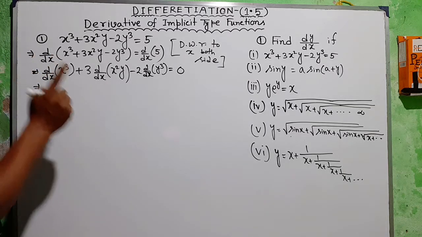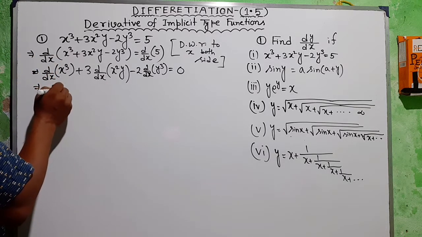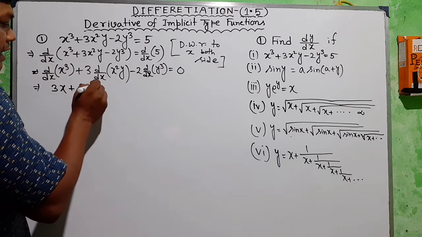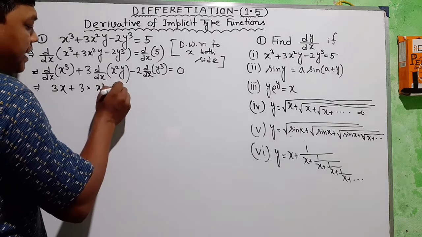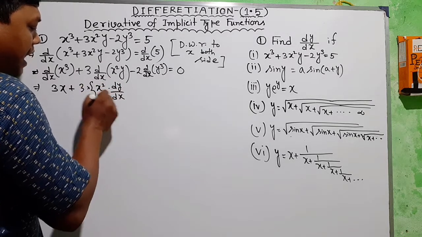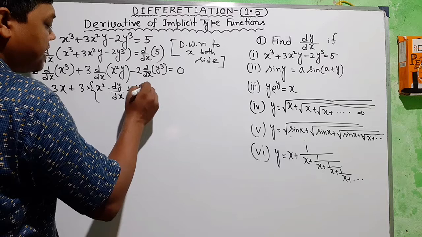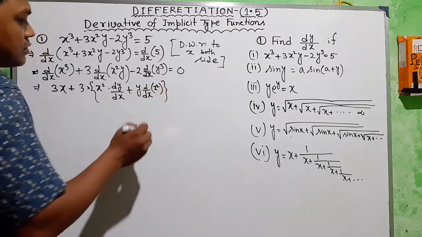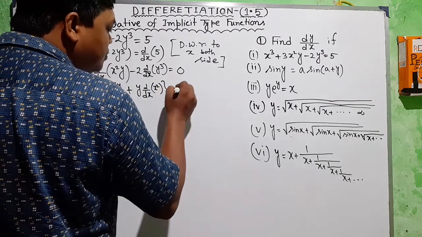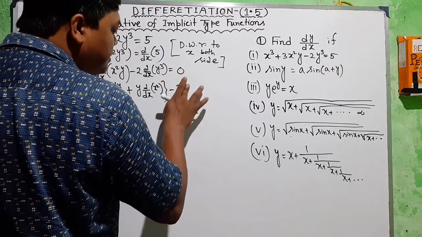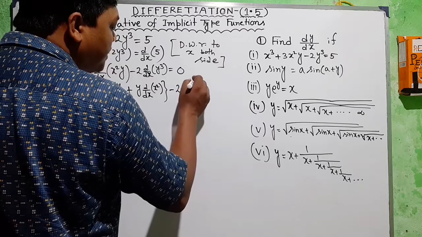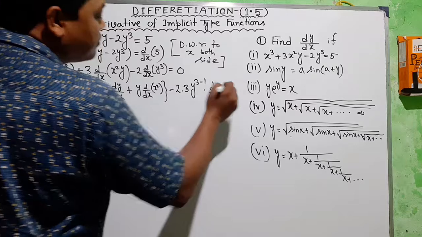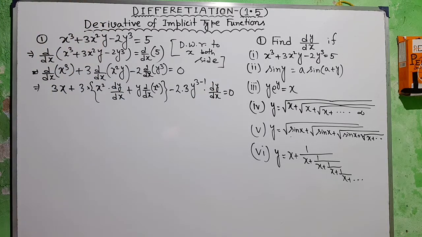By using the differentiation formula, this is 3x square, that means x to the power 3 minus 1, plus 3 into x square into dy/dx plus y into d/dx of x square. Now we apply 3 into y to the power 3 minus 1 into dy/dx equals 0. Clear?